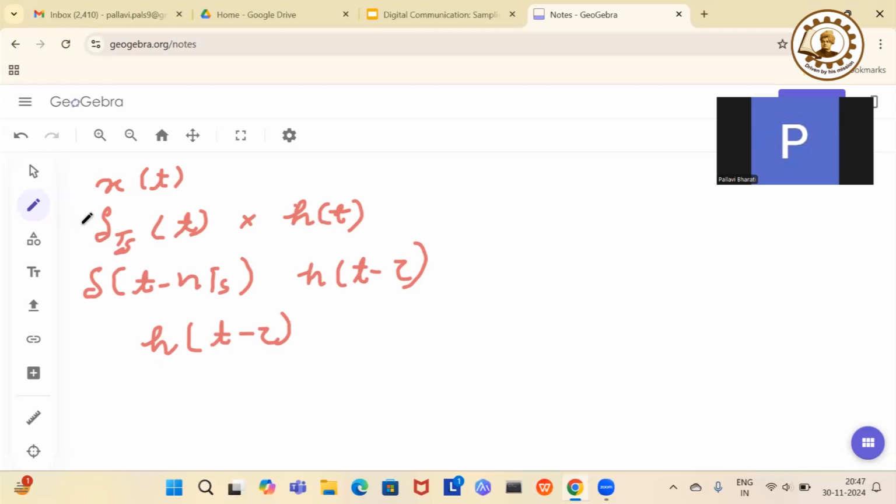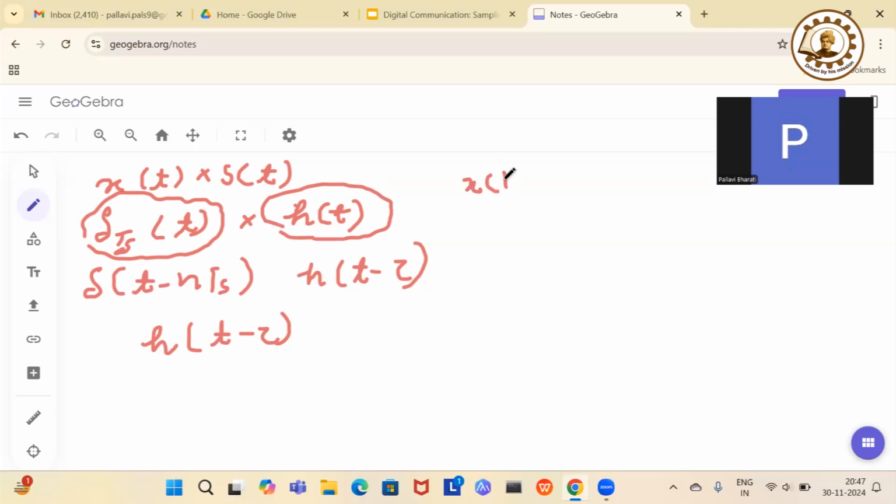and this is also going to be multiplied, this one is actually s(t). This one was your s(t). x(t) is first multiplied with s(t). s(t) was your sampling signal, that is the impulse one. Then this s(t) was multiplied with h(t). So x(t) is your message signal.